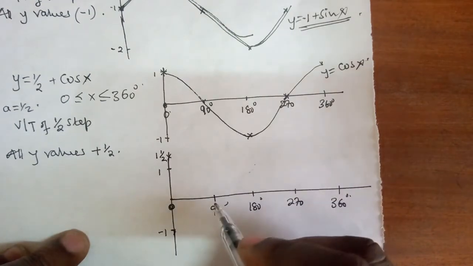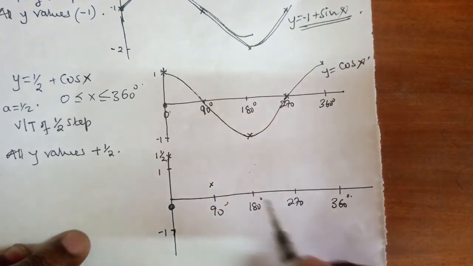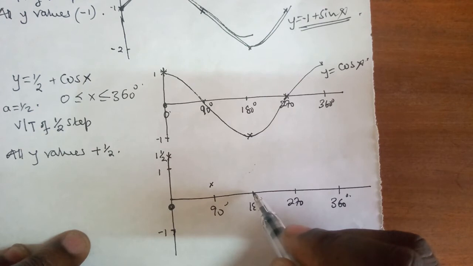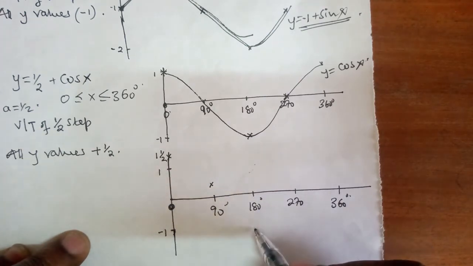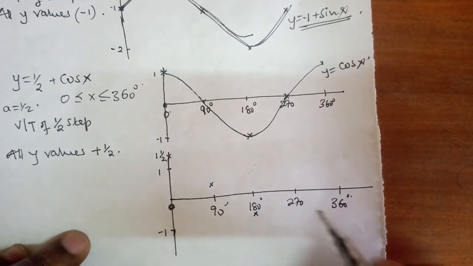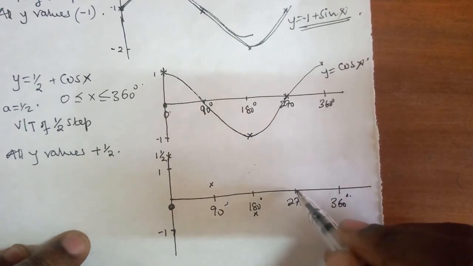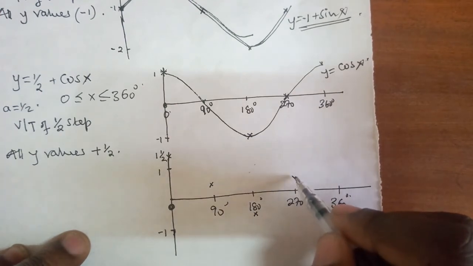When x was 90, y was 0, and 0 plus a half is a half.